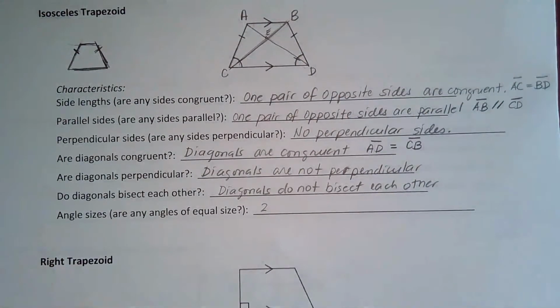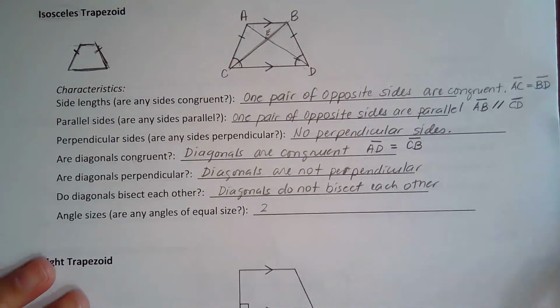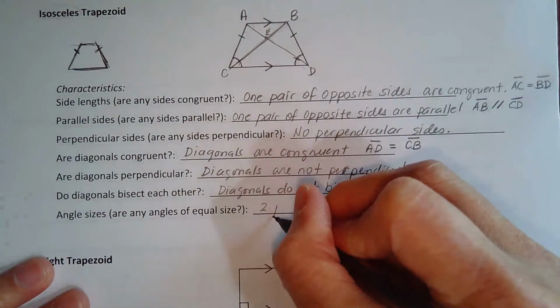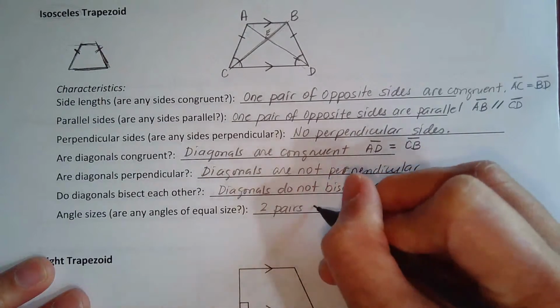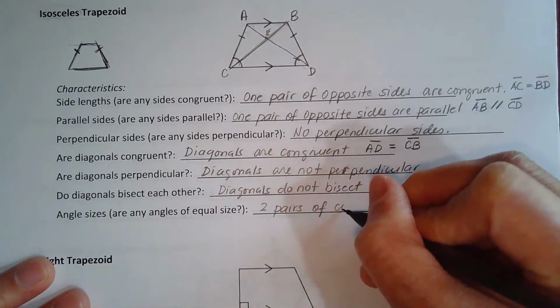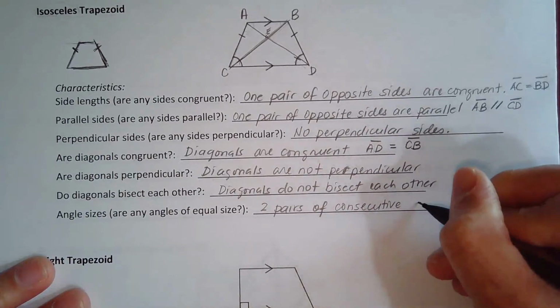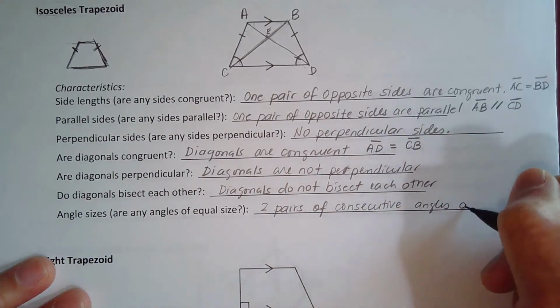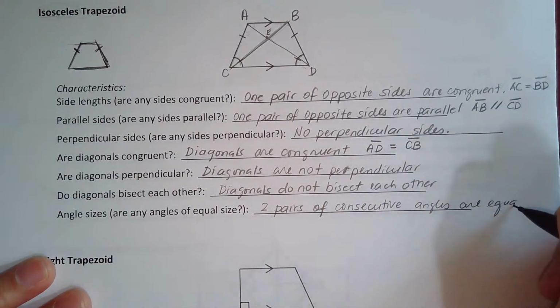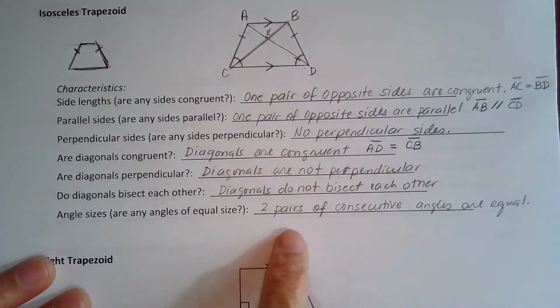So how do we describe that? So we can say two pairs of consecutive angles are equal.